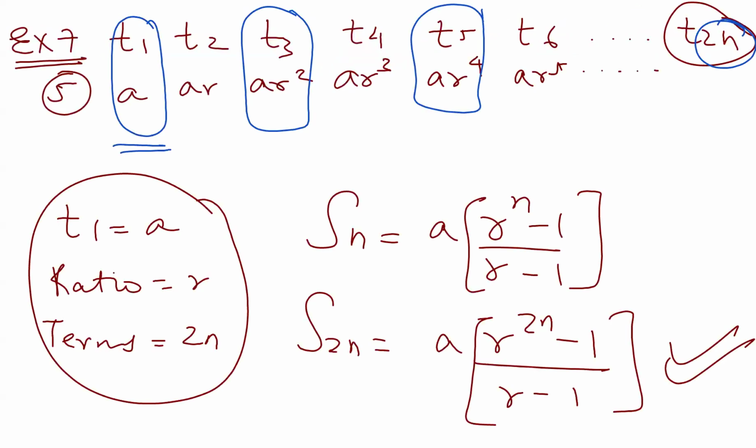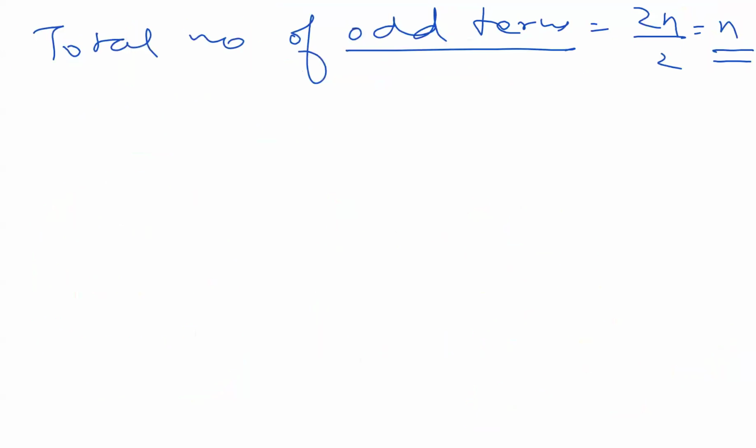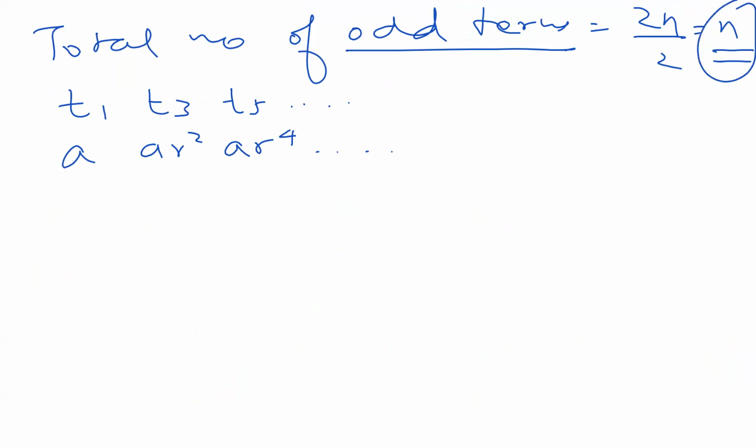Now I'll write down all the odd terms: T1, T3, T5. So this is A, this is AR square, this is AR raised to 4, dot dot dot. These are the odd terms. And the total number of terms are n, not 2n. 2n are the total number of terms because those were even number of terms.